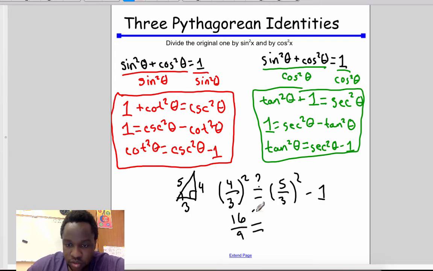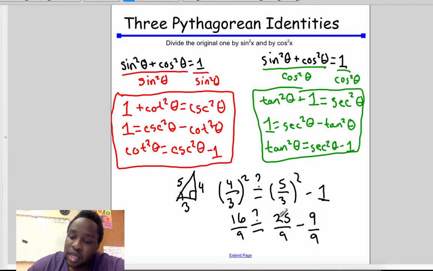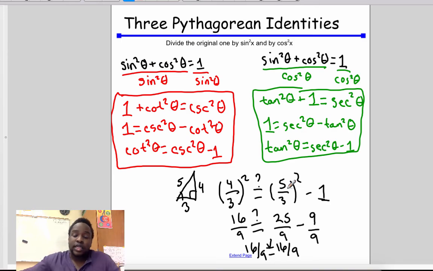Is this equal to 25/9 minus 1? We want to make this 9/9 so that we have a common denominator to do subtraction. And 25 minus 9 is 16, so 16/9. It works out that tangent squared theta does equal secant squared theta minus 1. So this is just a nice way to see visually how it works.